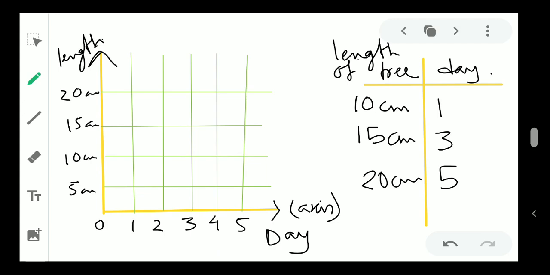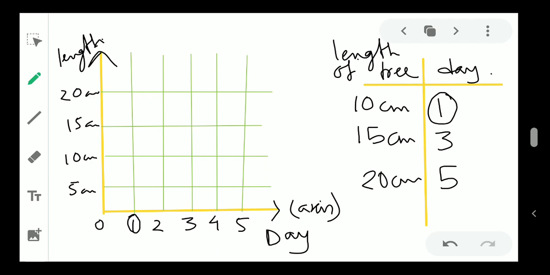Okay, now how to represent this data in this graph? So you can see here that the first day is 10 centimeter. So I will go first to day. The first day is represented by this line. So I will come here at 1, because I am talking about the first day.